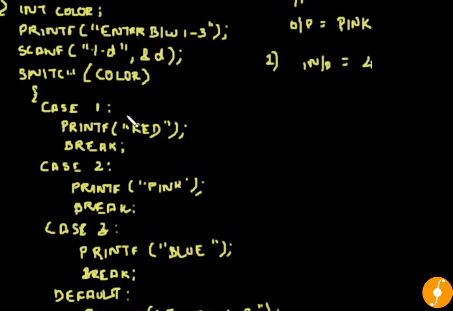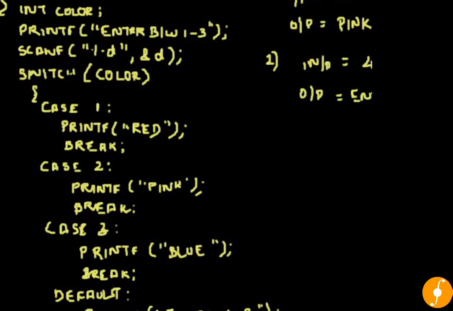Now it checks with each of these cases, none of the values match, so it goes to the default block and it gives the output as enter a value between 1 to 3. So this is how the switch works.